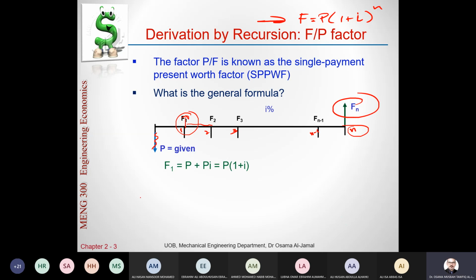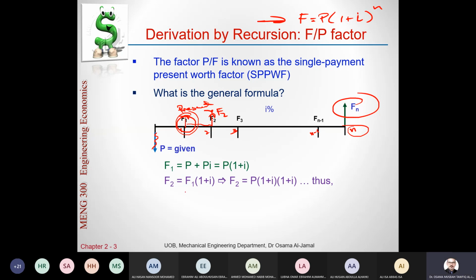Now let's calculate F2. F1 will be considered as the present for F2. So F2 will equal F1 multiplied by (1 plus I). Always, if it is only 1 period, just multiply it by (1 plus I).